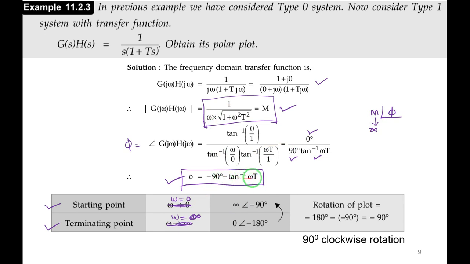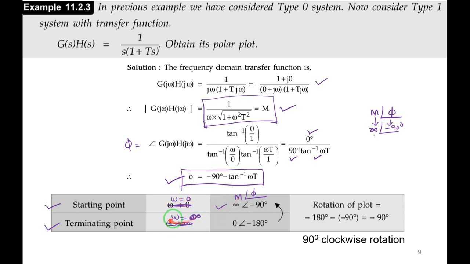Minus 90 degree minus tan inverse of 0, which is 0. So minus 90 degree. So I get an angle of minus 90 degree. Infinity is the magnitude and the angle is phi. So magnitude is infinity, angle is minus 90 degree for omega equal to 0. I hope you are getting this.